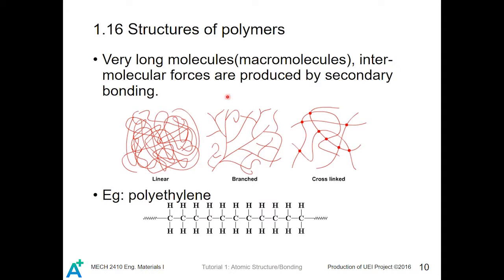Those very long molecules are formed from single small molecules before the polymerization. Polymerization is the forming of those very long molecules. They consist of monomers, in other terms, those small single molecules. After some reactions, they form those macromolecules, which are very long and self-repeating.